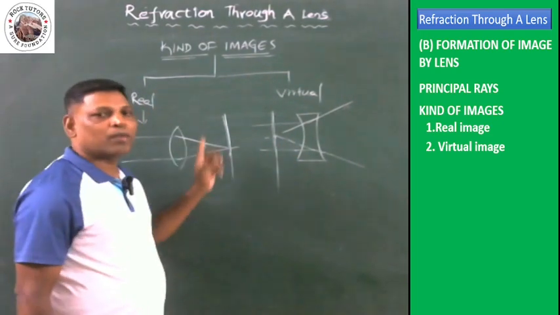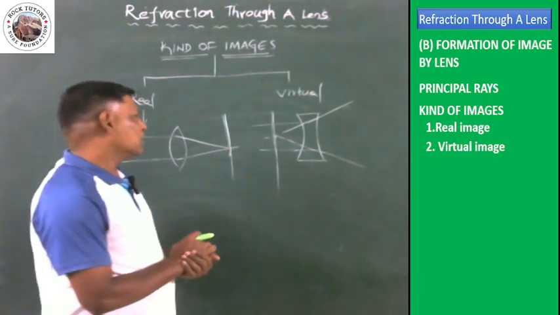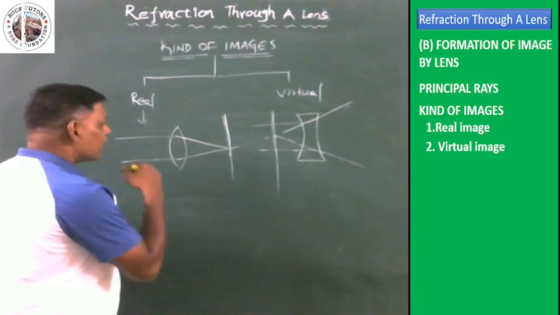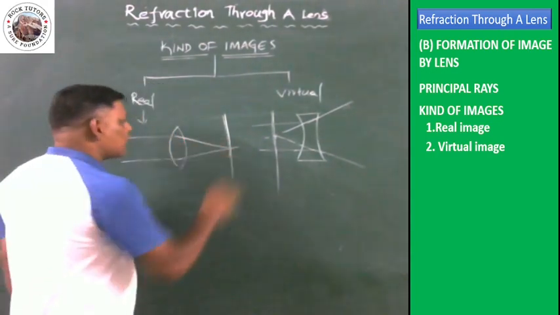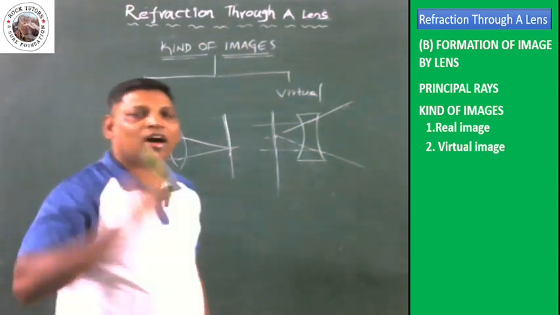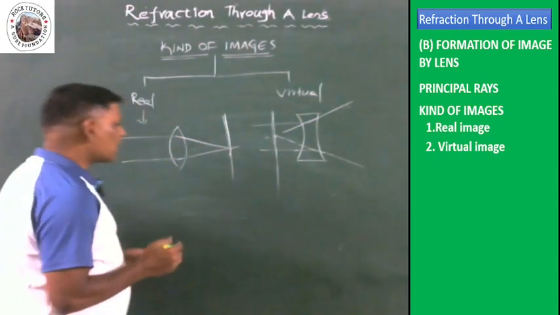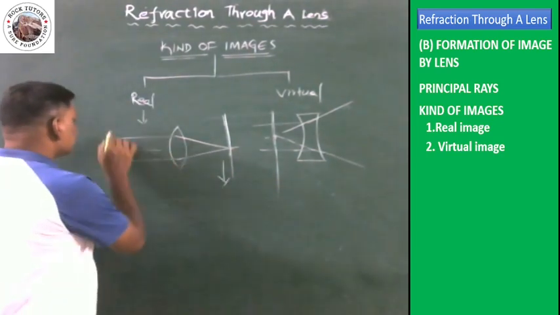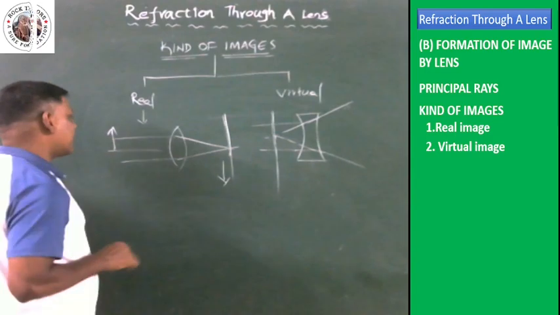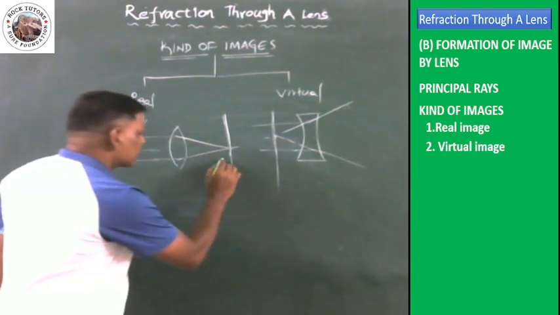Also, real images are inverted: if the object is upright, the image will be inverted.